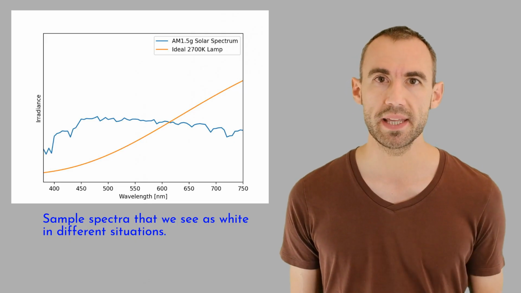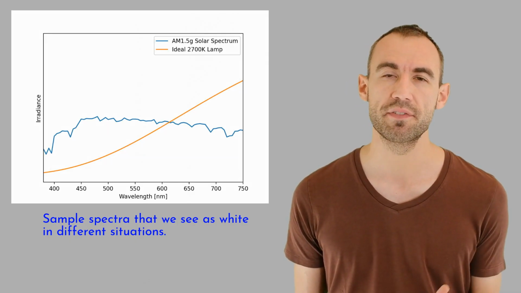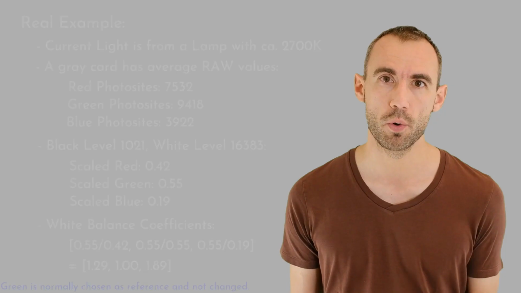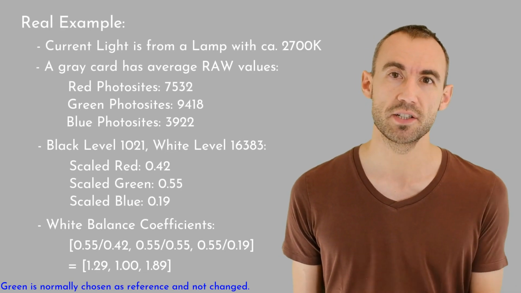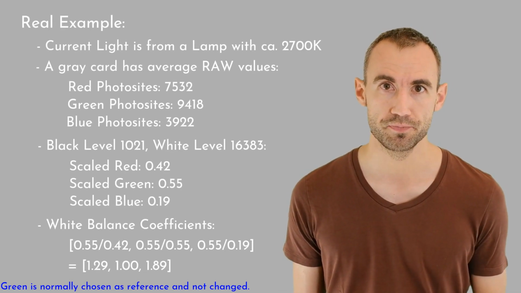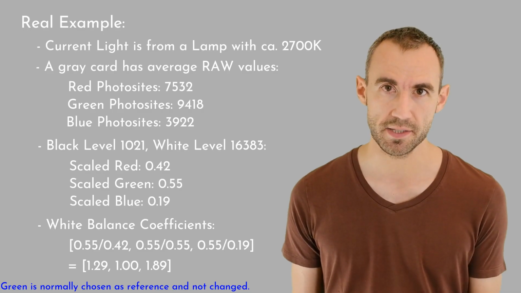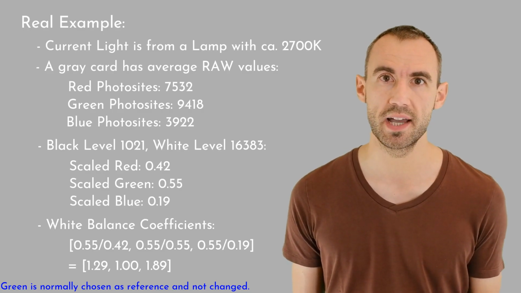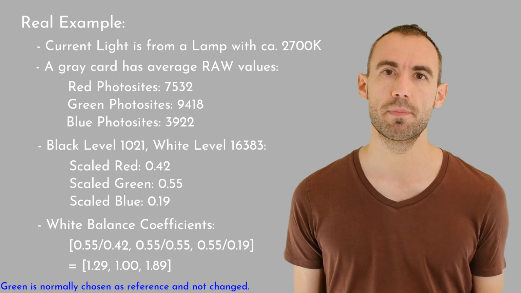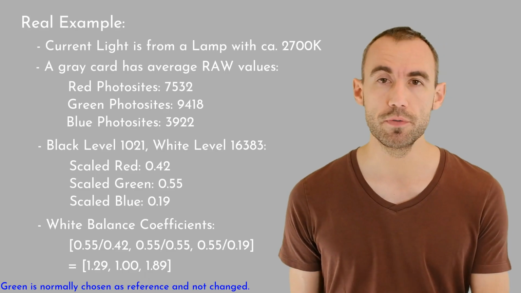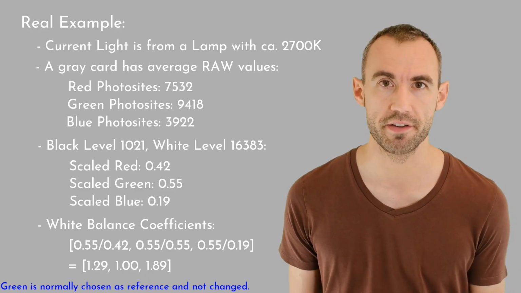And to replicate that in our images, we have to adjust the relative proportions of red, green, and blue in our pixels. And what that means in practice is that the red photo sites of the image are multiplied by one value, and the blue photo sites are multiplied by another value.